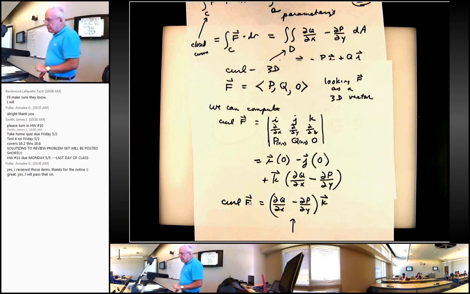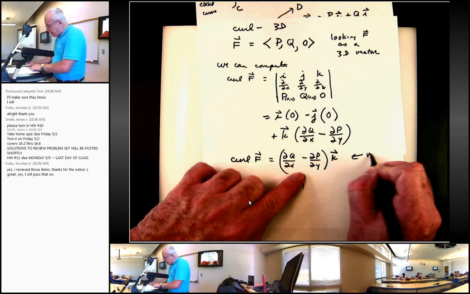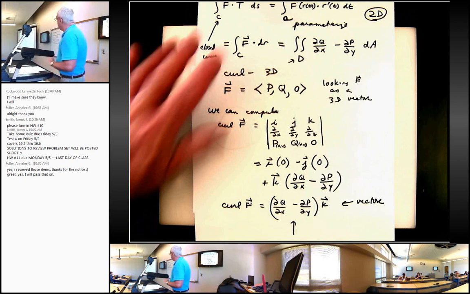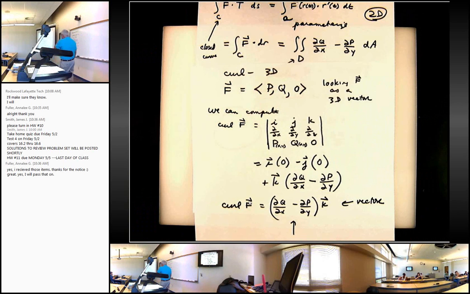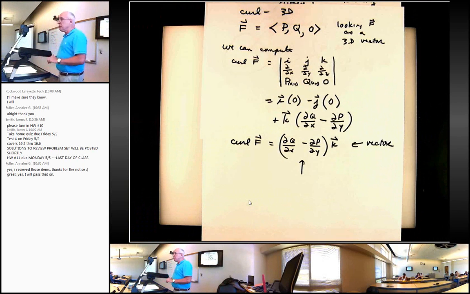The only thing that's different here is that what we got here is a vector. That, of course, is not a vector. It's just a scalar function. So I can make that last thing a vector by doing a dot product with the vector k.